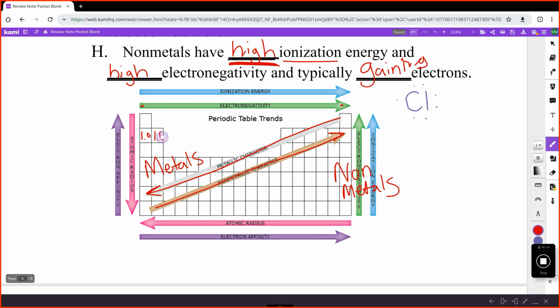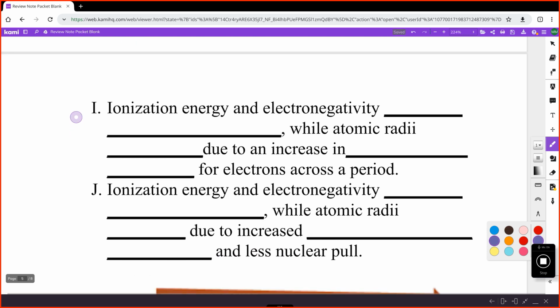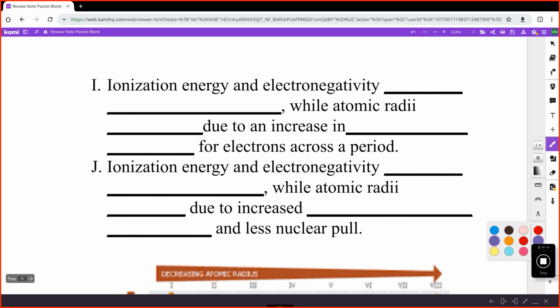And then it becomes 1.6 for beryllium, 2.0 for boron, 2.6 for carbon, 3.0 for nitrogen, 3.4 for oxygen, and 4.0 for fluorine. So the trend, which is given right here by your reference table, says that as I go across the period, the electronegativity increases. All right, so that's how you can always go back and check on your trends.